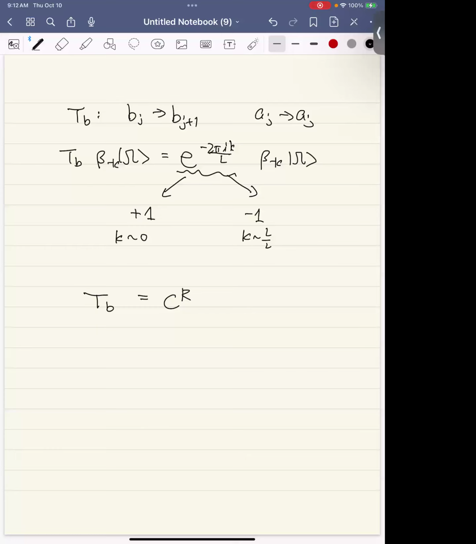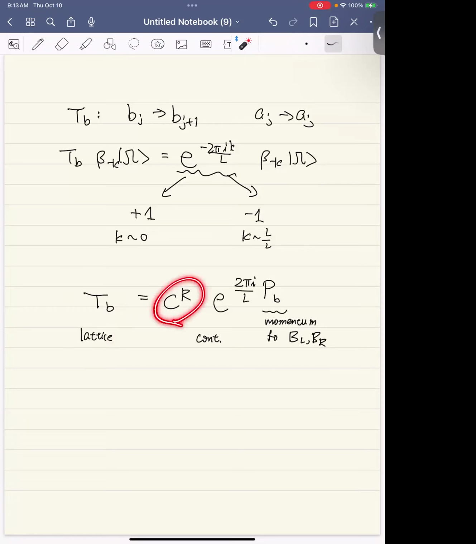The precise relation is that it equals 2 pi i over L PB. Let me go through this exact equality. On the left is a lattice operator. On the right are the continuum operators. CR we have already discussed. What is PB? PB is the momentum operator, the space-time momentum operator for just the B fermion. So on the left, you have the lattice operator.